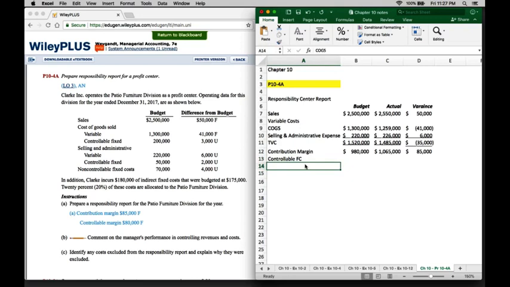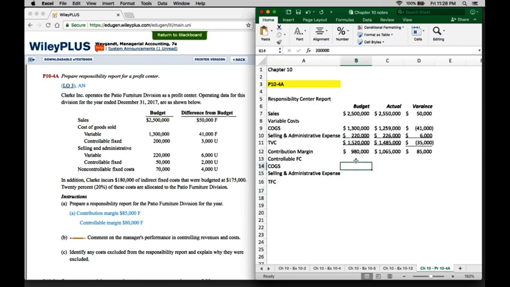Okay. My controllable fixed costs, again, they're cost of goods sold and selling and administrative, and then I'll go with the totals. Okay, that should be total fixed cost, not variable cost. So again, I have 200,000 as a controllable fixed cost and 50,000 over here.